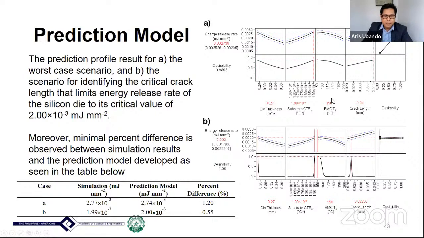At the same time, we have identified the scenario wherein we can identify the critical crack length, which limits us to the energy release rate of the silicon, which is 0.02 millijoules per millimeter squared, which is the result of letter B. And this can be actually used in the visual inspection for the initial crack coming from the different processes.